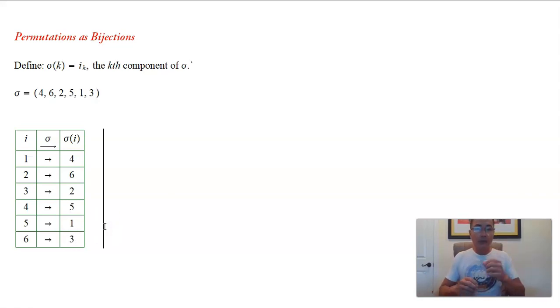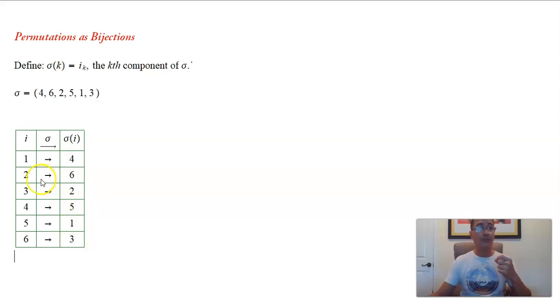So when we talked about invertible matrices and bijective transformations, bijective operators, we said that a function from any set A to any set B is bijective if it is both injective and surjective. It is both one-to-one and onto. What does one-to-one mean? There is no duplicated output value.